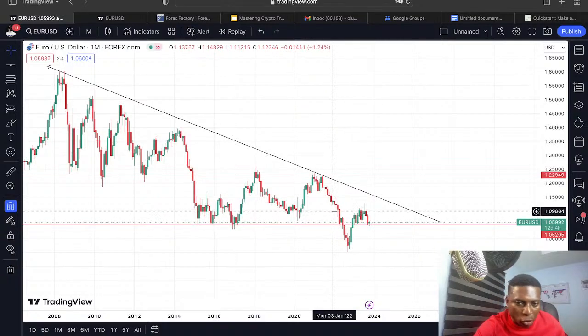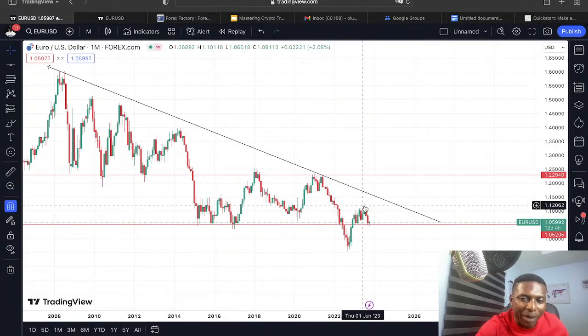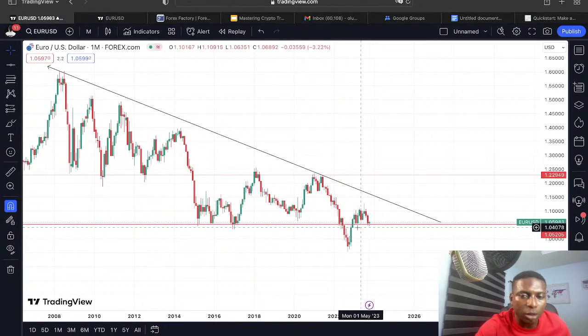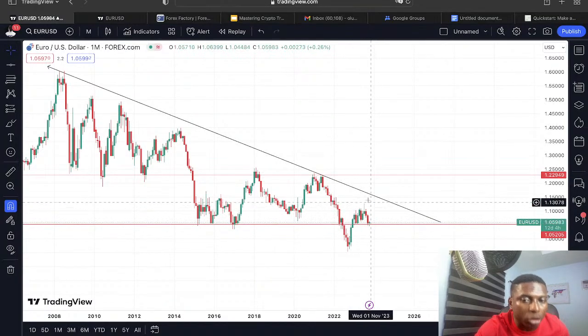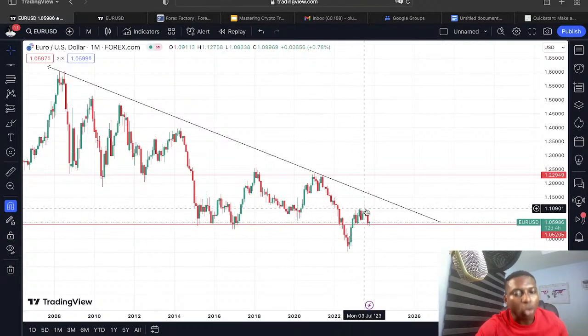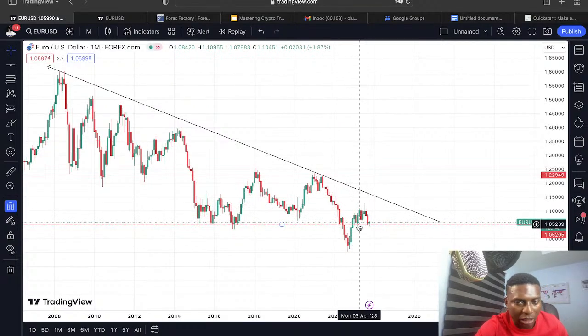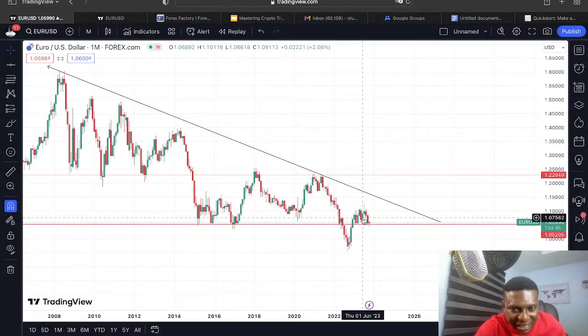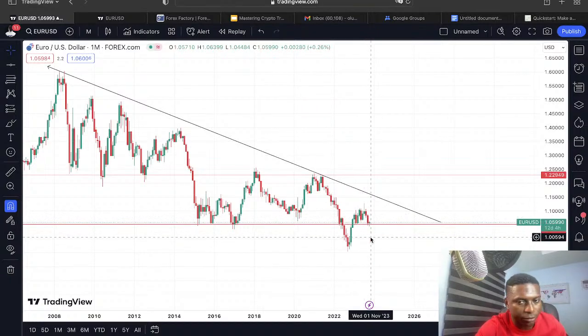Though this structure had experienced a breakout, price is back into that support turned resistance zone, now resistance turned back to support, because you can see how price has been preventing it from breaking down further.